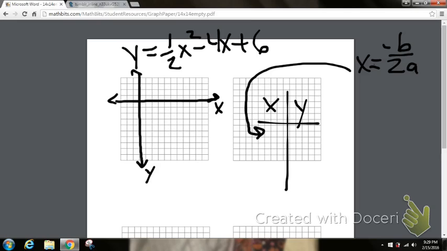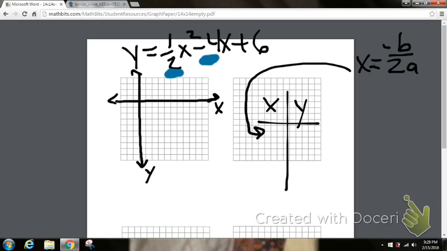When we're talking about our a and our b, I'm looking for the coefficients when the equation is in standard form.